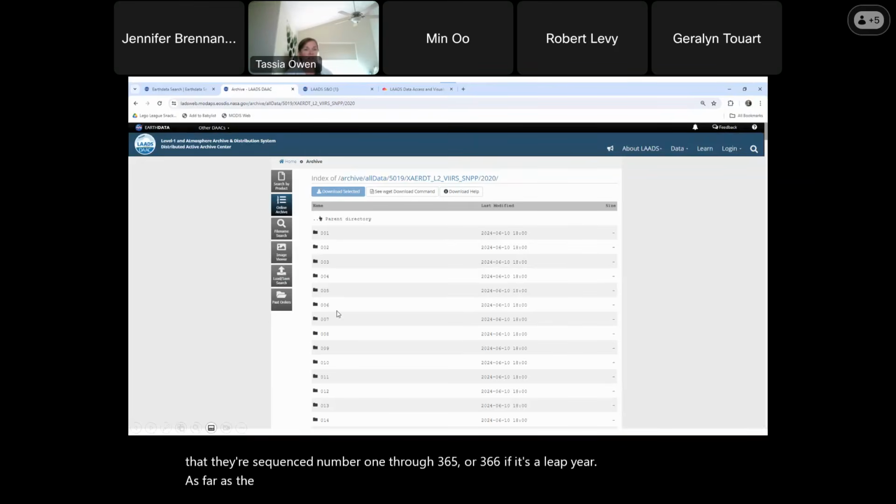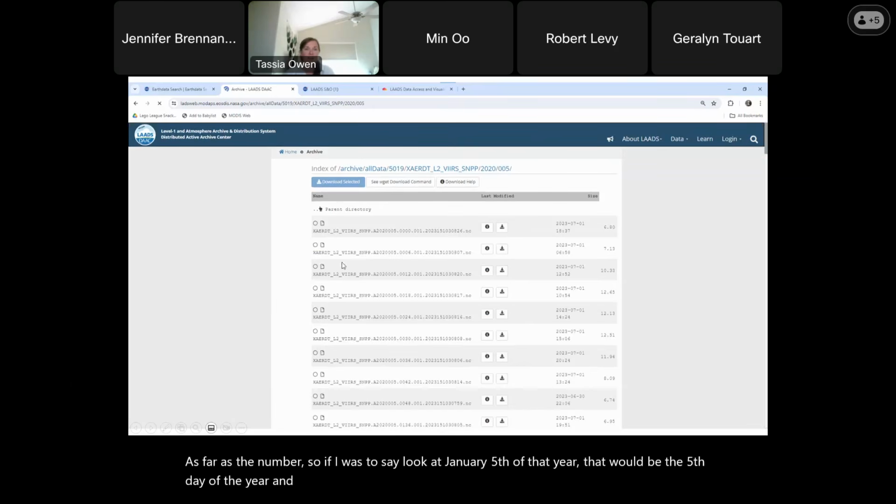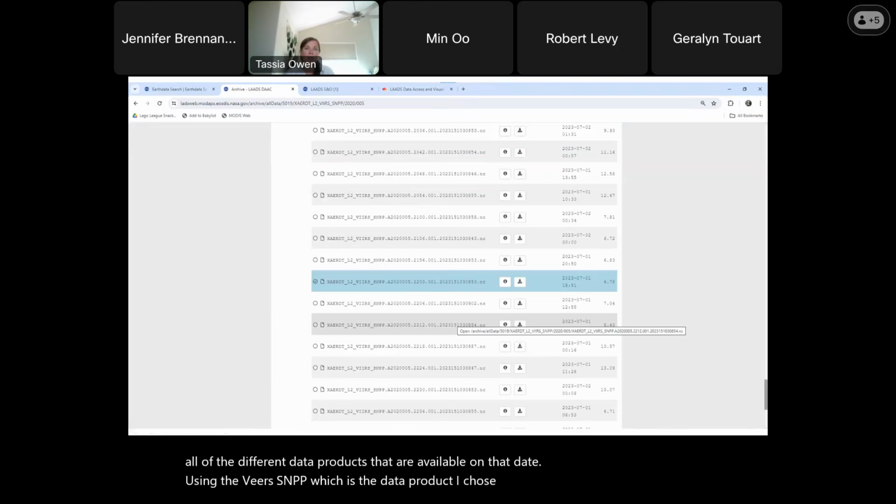So if I was to say, look at January 5th of that year, that would be the 5th day of the year. And I would just click on that file, which would then open up all of the different data products that are available on that date using the VIIRS SNPP, which is the data product I chose to use out of this one.